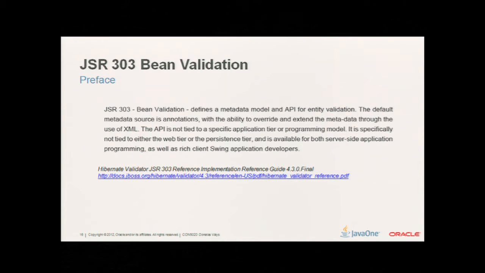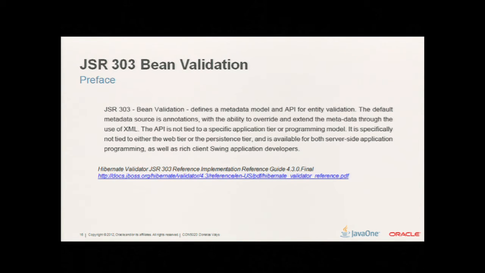We use bean validation. Bean validation defines basically a meta model and API for entity validation, and one attractive feature is that the API is not tied to a specific application tier or programming model, which is particularly suitable for SOA, because we have service provider and consumer layers, so we can't rely on some specific application model, but usually need flexibility.